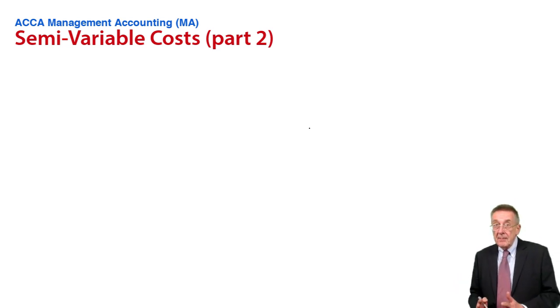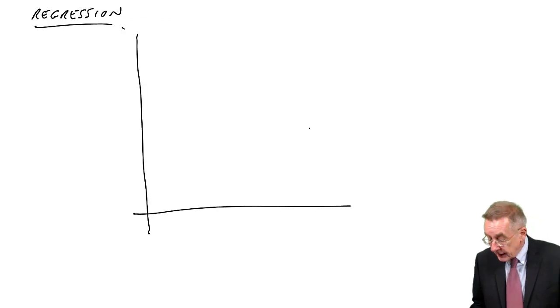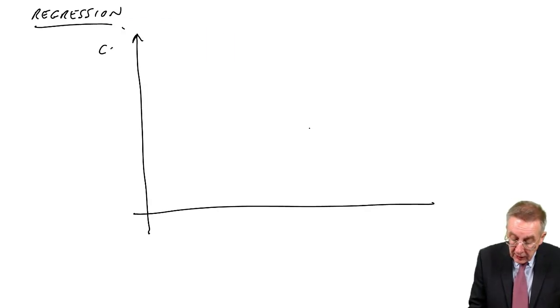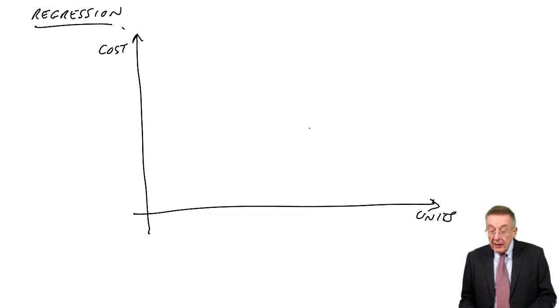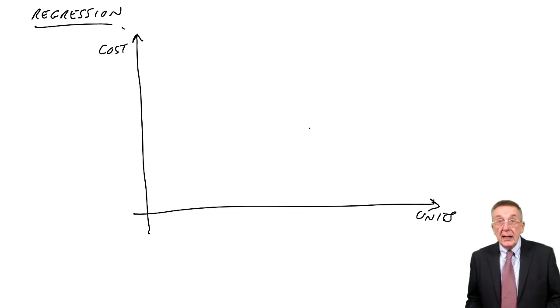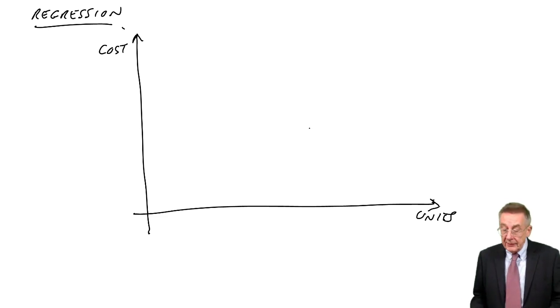The second method that we're going to look at, which is regression analysis, is, for reasons I'm about to explain, somewhat more accurate. Because I said before that if we drew what we call a scatter graph, a graph of costs against units, in a perfect world it would be a straight line, but in the real world it's not going to be perfect.